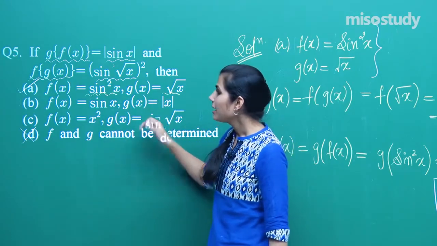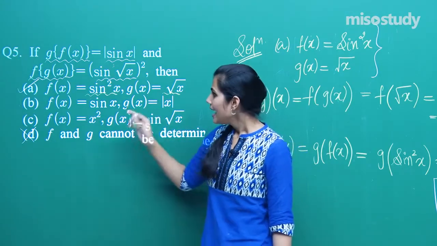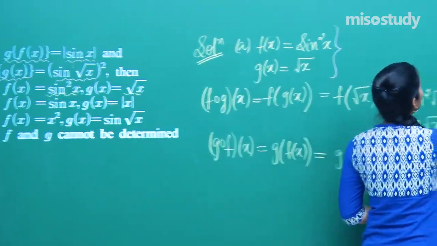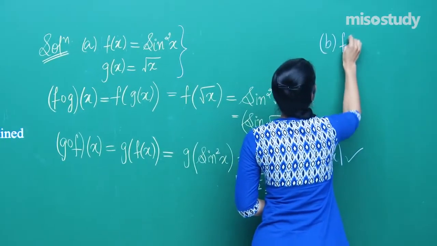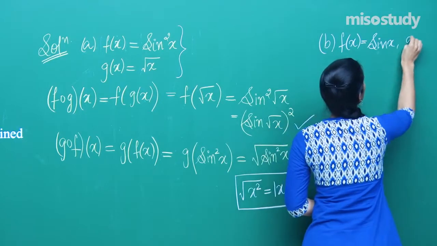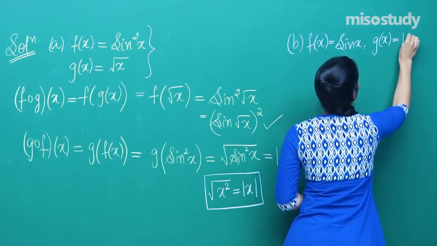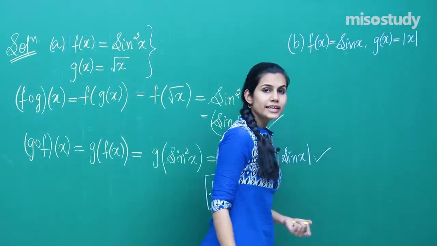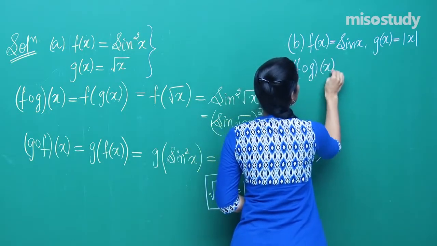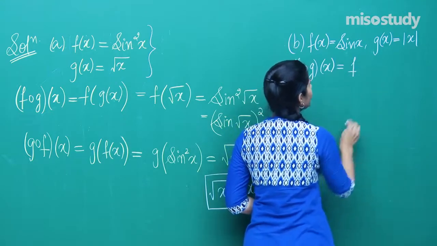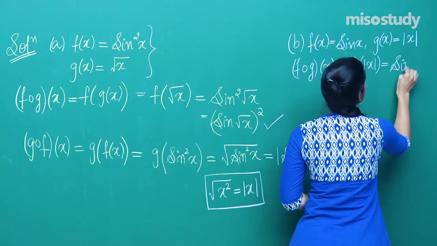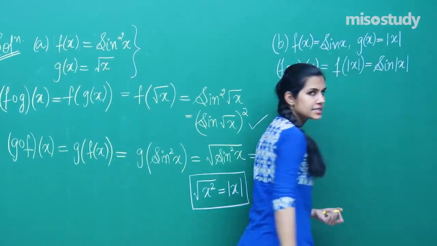Let's see if any one among them is correct or not. F is given to be sin x, g is given to be mod x. What is FOG? Let's see. F of g of x, which is f of mod x, which means sine of mod x.